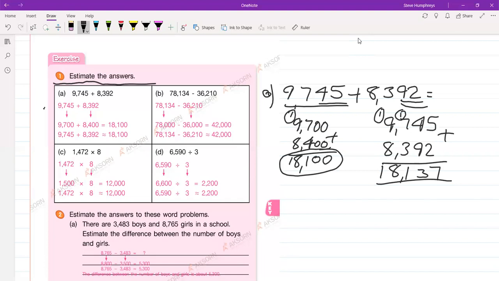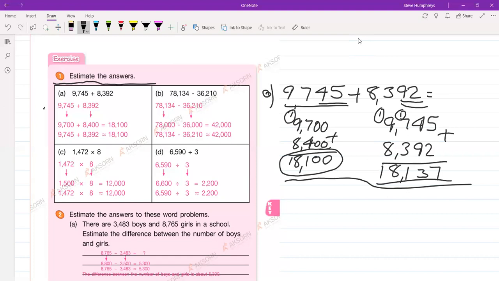So the difference is 37. So my estimated answer is quite close and it's a reasonable answer. Right, so continue.